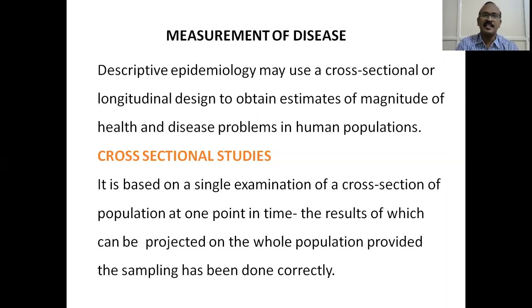Now, a cross-sectional study is based upon a one-point examination, a single examination of a cross-section of a population of people at one point in time, the results of which can be projected on the whole population provided the sampling is done correctly. So, it is done at one point of time on the population.